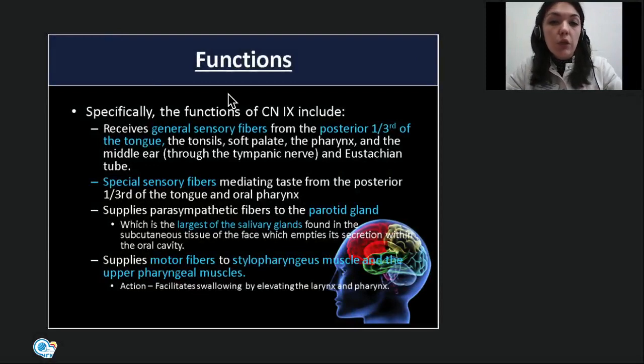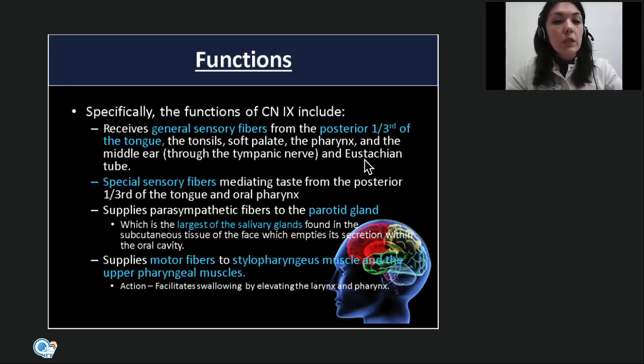Specifically, the functions of the 9th pair of cranial nerves, the glossopharyngeal nerve, include the following. It receives general sensory fibers from the posterior 1/3 of the tongue, tonsils, soft palate, pharynx, and the middle ear through the tympanic nerve and eustachian tube.